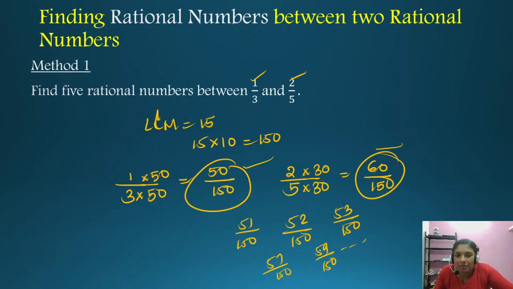We can have as many numbers as possible. More than 5 rational numbers are possible to pick out between 50 by 150 and 60 by 150. So this was method 1.